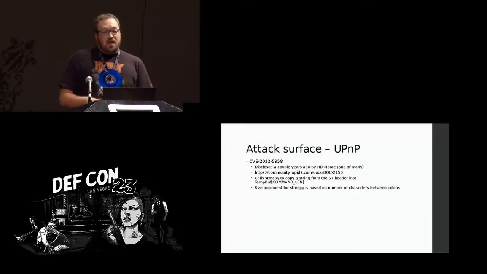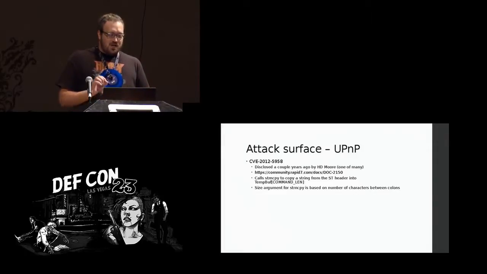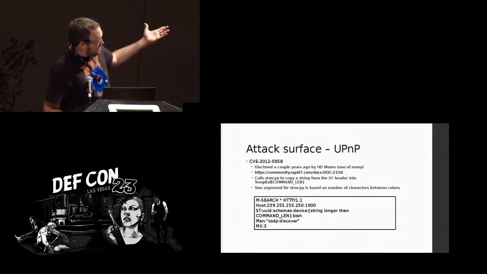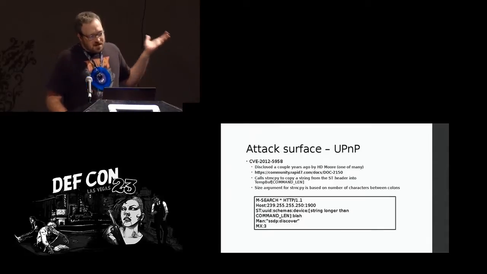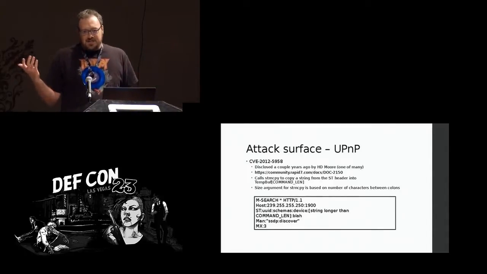and calling strncpy, which is good in theory. strncpy is better than strcpy, but the argument they were using for the length to copy was based on the input you were sending to it. It was based on the number of characters between colons, and what you end up with is this, the exact same kind of vulnerability that we've been seeing since the 90s.